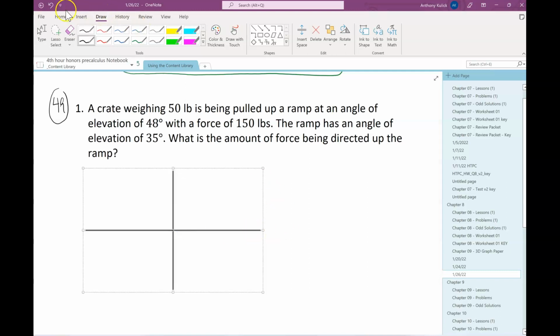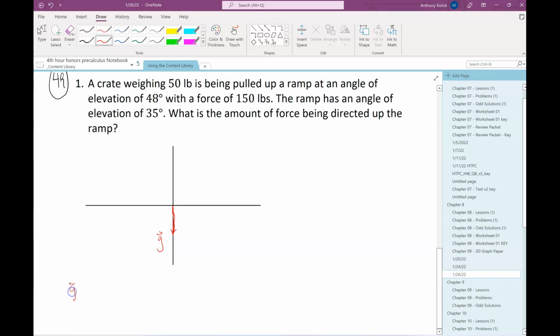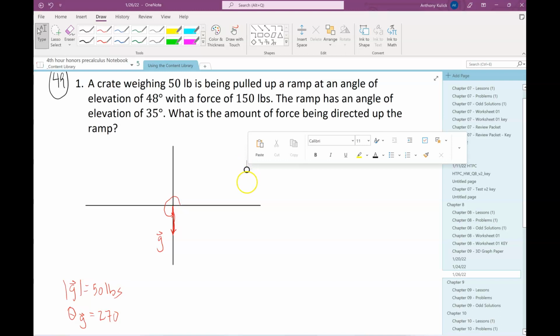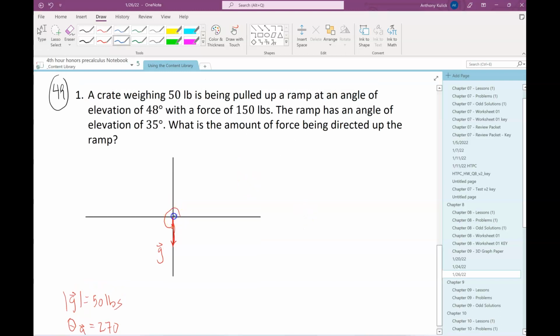There are 3 vectors in this problem. So you have a vector due to gravity acting on the crate because the crate has a weight. You have a vector pulling the ramp, so 48 degrees and 150 pounds.